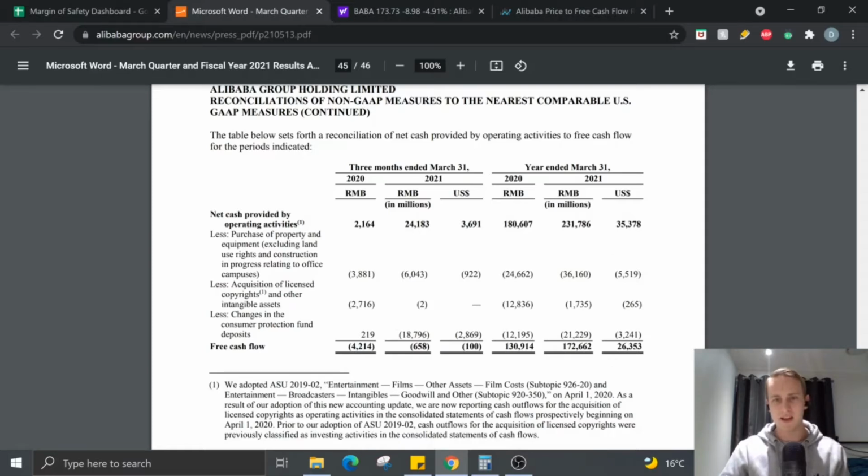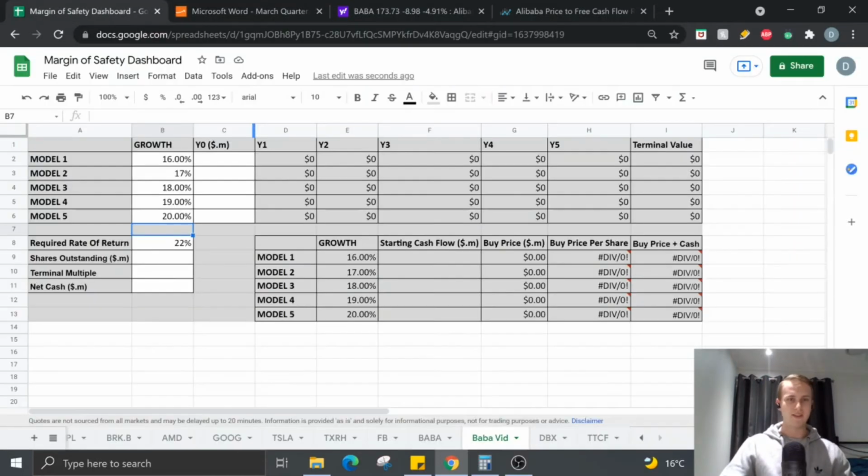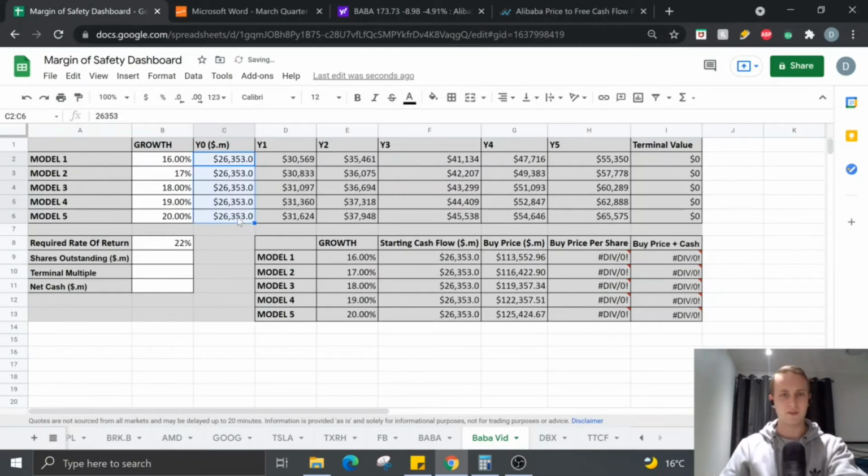As we can see, for the year ended March 31st, 2021, Alibaba produced 26.353 billion US dollars. So we're going to enter that into our little box here: 26353, and then we can drag that down so it goes across each model.